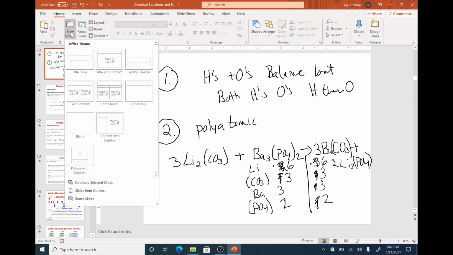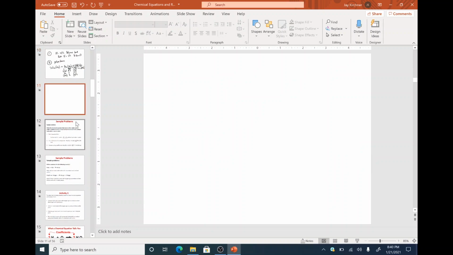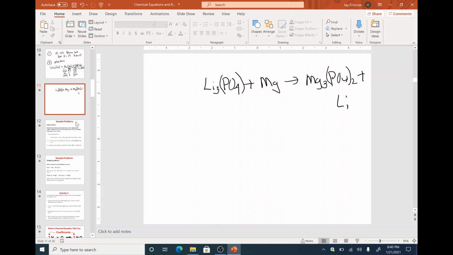So let me try another thing. We're almost done. I'm going to try another equation. Li3PO4 plus magnesium, and then I get magnesium 3PO4. I'm going to put parentheses around this. PO4 2 plus Li. Okay, well, no, let me think about this for a second. Trying to create a situation where I have a 3 versus 2 and I have failed.